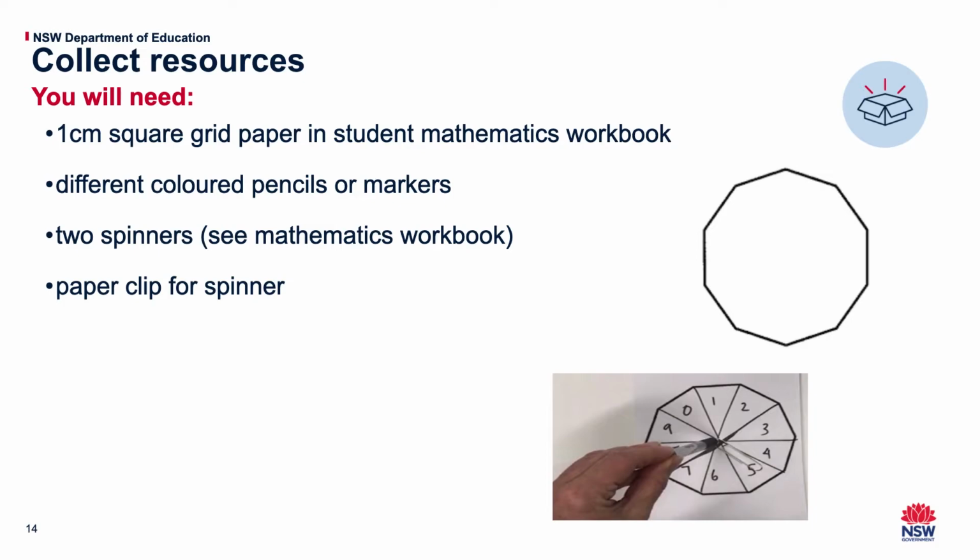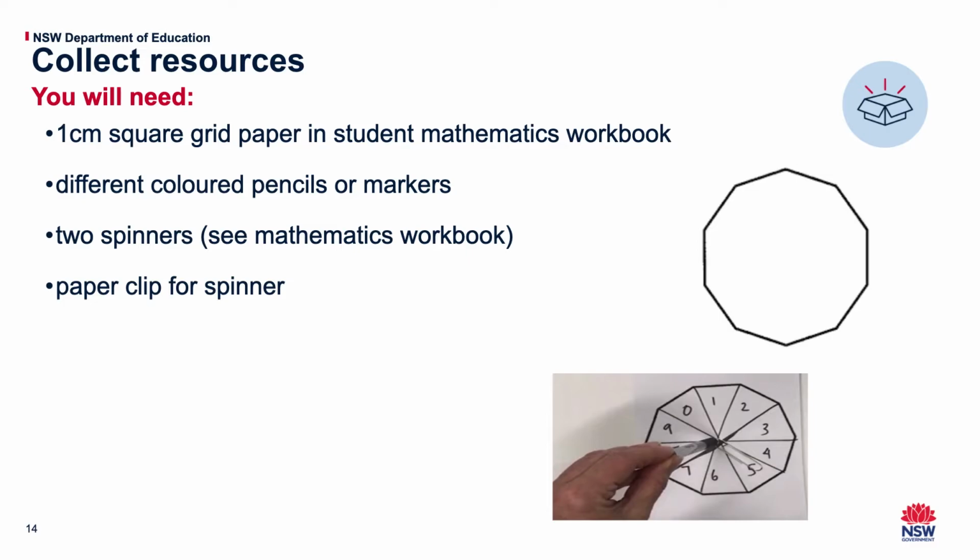Okay, so the resources. You need to have 2 spinners, or you could do 1 spinner and then use it twice. So you need to have a decagon spinner like it is there, and a paper clip or something else, like a safety pin that you don't open, that you can spin around.